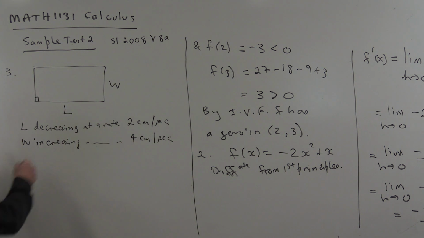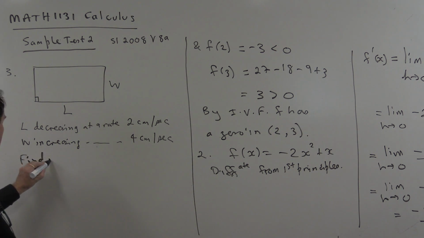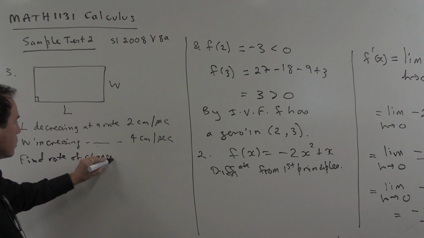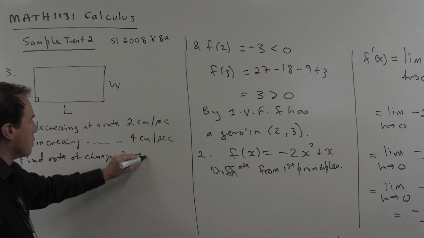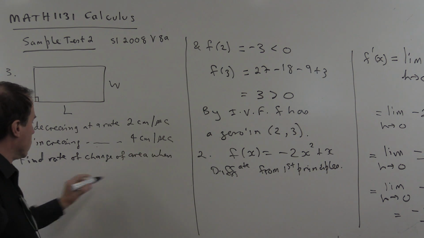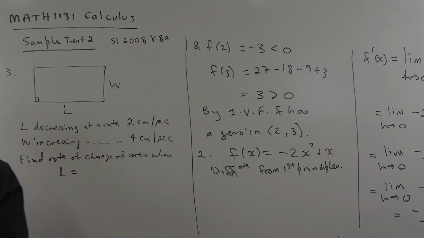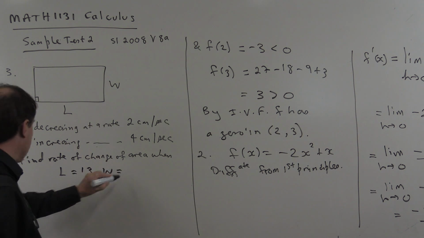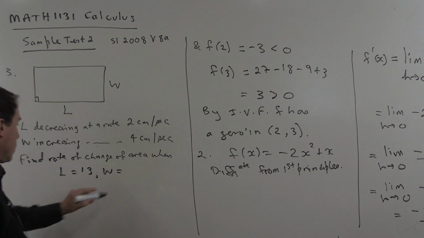So the length is getting smaller, the width is getting bigger, and we're asked to find the rate of change of the area. So find the rate of change of the area when L is equal. We're given the values of L and W. L is 13 centimetres and W is 10 centimetres.